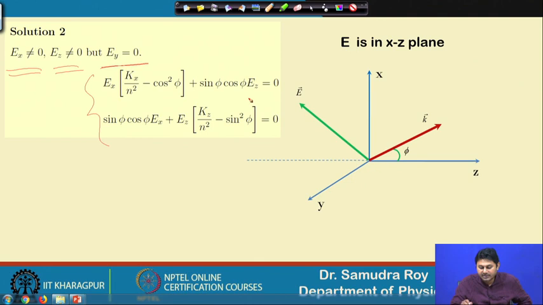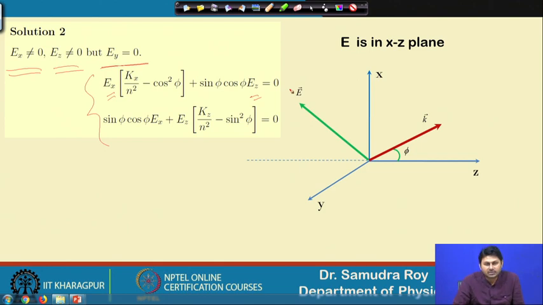If I try to understand with this figure, I am launching the electric field along this direction in the x z plane, and E is also in the x z plane, because the E x and E z components are non-zero. That means it has to be somewhere in this plane. This is maybe one orientation of E, but it has to be in that particular plane.